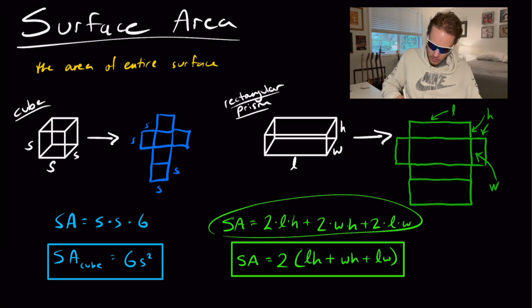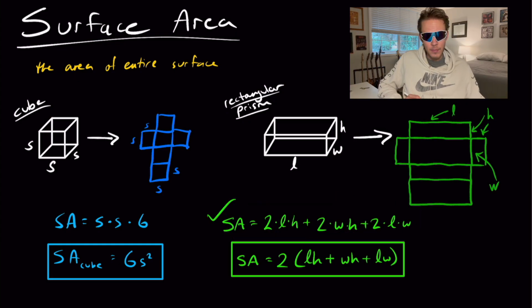This formula here works just fine, but if you're familiar with factoring and simplifying equations a little bit, you could also use this one right here. All you would do is find the area of each of your 3 unique rectangles, add those together, and then multiply the entire number you got by 2.